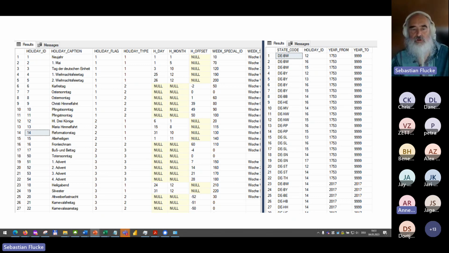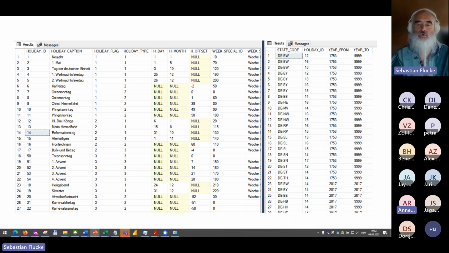And then we have a bunch of holidays which are related to that. For example, Good Friday is 2 days before Easter Sunday. Easter Monday is 1 day later. And there are other holidays which are 39 days later, 49 days later, 50 days later, and so on. And that information is stored here in the table in a kind of repository style.